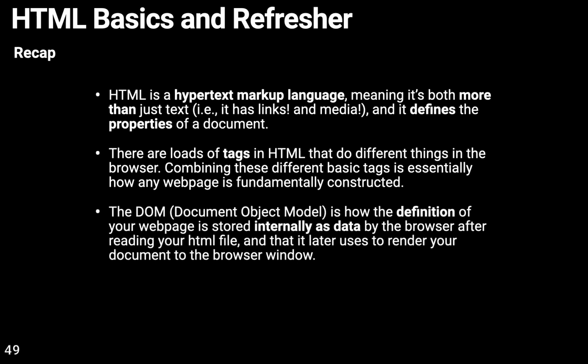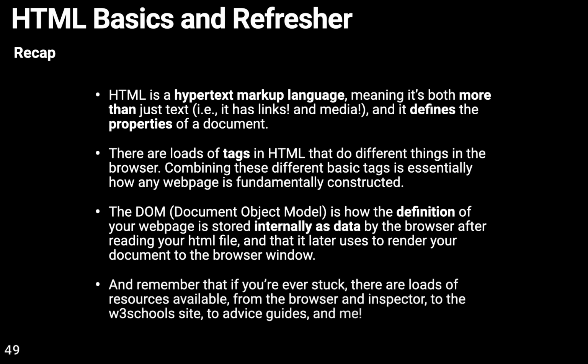The DOM, the document object model, is how the definition of your web page is stored internally as data by the browser after reading your HTML file, and it later uses that to render the document to the browser window. And finally, remember that if you're ever stuck, there are loads of resources available, from the browser inspector to the W3 Schools site and advice guides and me, right?